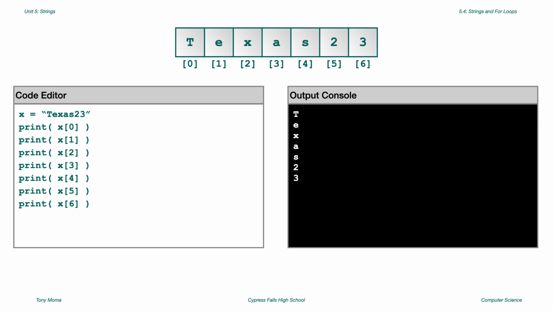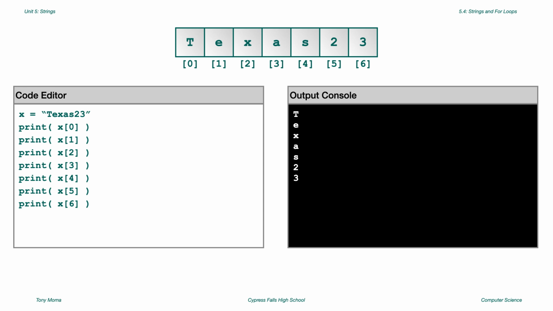For example, the programmer may want to count the number of letters in the string, or count the number of digits in the string, or count the number of punctuation symbols in the string, or change each lowercase letter to an uppercase letter, and every uppercase letter to a lowercase letter, so on and so forth. The number of possible reasons why a programmer would want to process each individual character in a string is limitless.